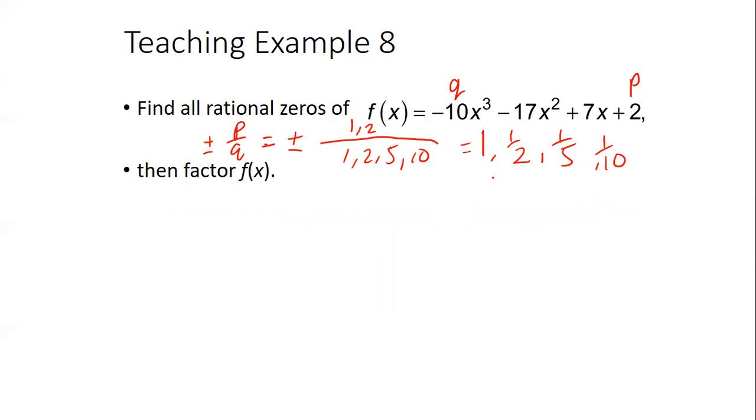So we have 2 divided by 1, 2 divided by 2 is 1, and then 2 divided by 5, and then 2 divided by 10. So my duplicates are my 1, and so does my 1/5, 2/10.